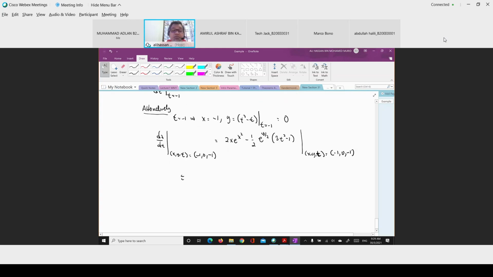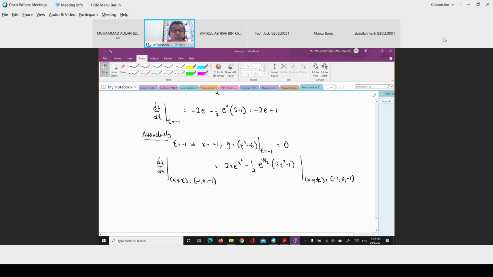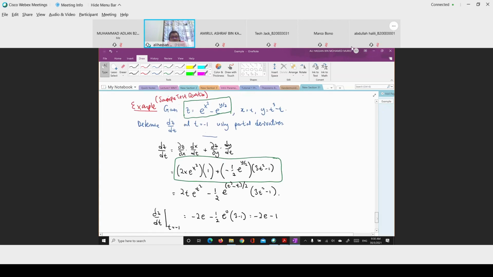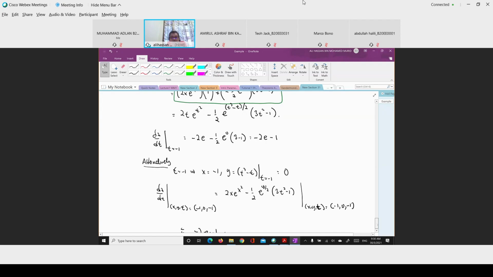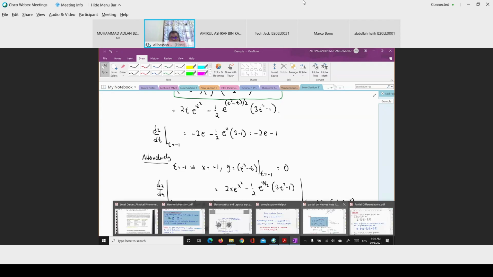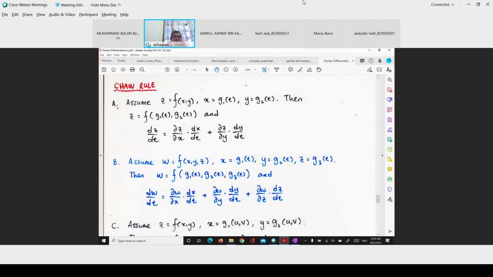If you substitute, you will get the same result as previously, which is -2e minus 1. So this is an example of the chain rule related to the first case, which I call case A here.